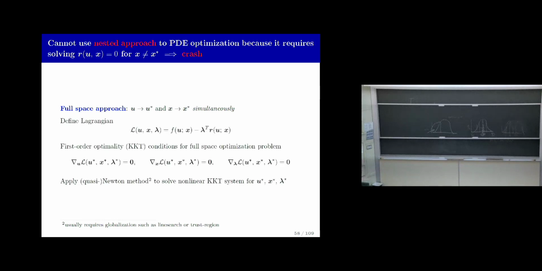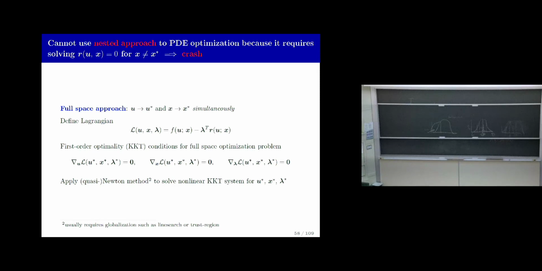All right, so how could you do this? Well, let's form the Lagrangian of our optimization problem, F minus lambda transpose R, and let's look at the KKT conditions, the stationary point of that Lagrangian. Optimization theory says that the solution of the optimization problem, minimize F subject to R, is essentially the first order optimality condition of that problem.